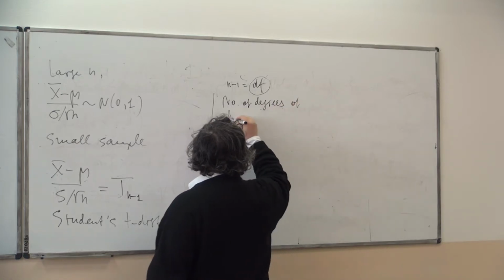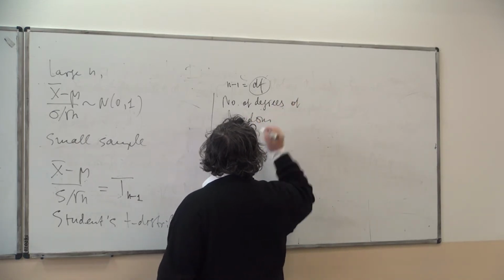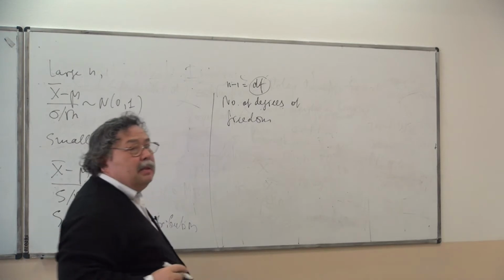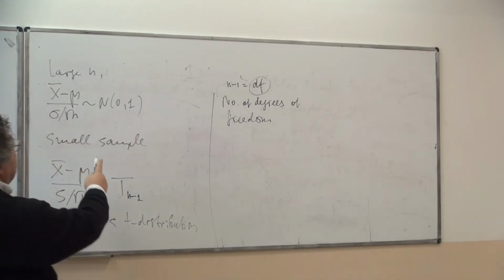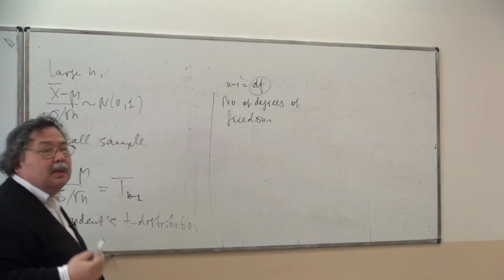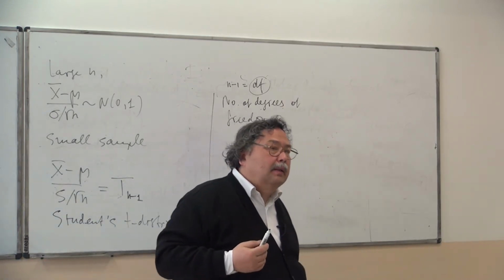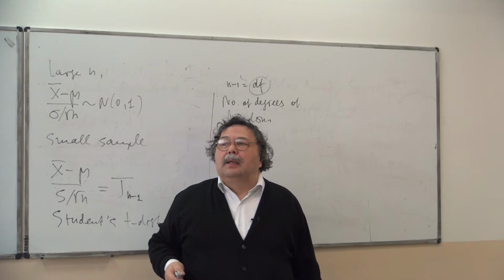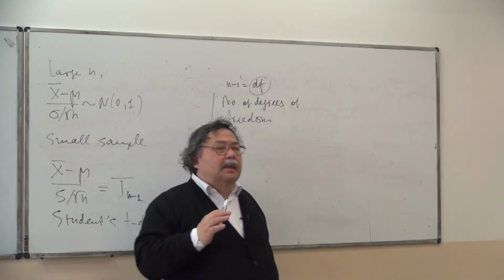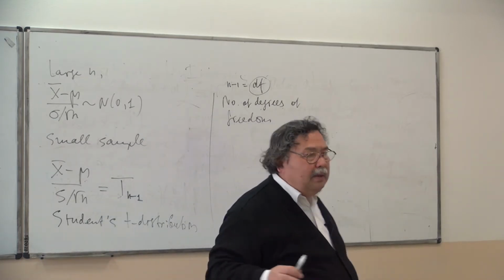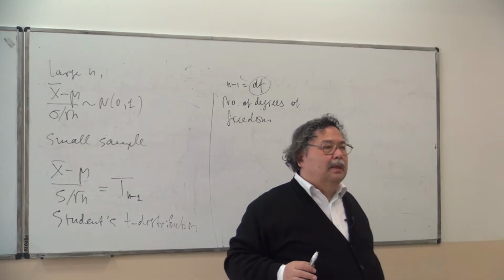Please pay attention that if we have a sample of n points, the number of degrees of freedom is n minus 1, not n. Well, again, it can be treated rigorously mathematically, but we are not able to go into this here.